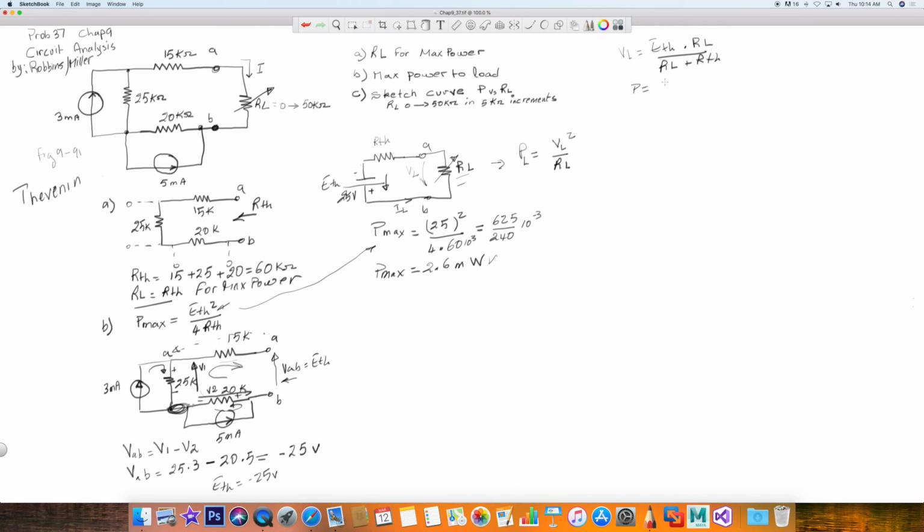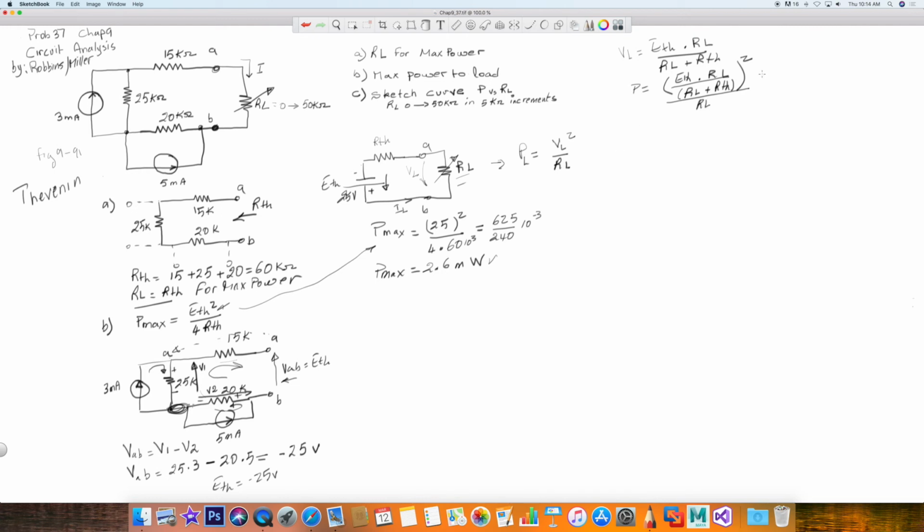So PL is going to be equal to ETH times RL, everything divided by RL plus RTH, squared, divided by RL.